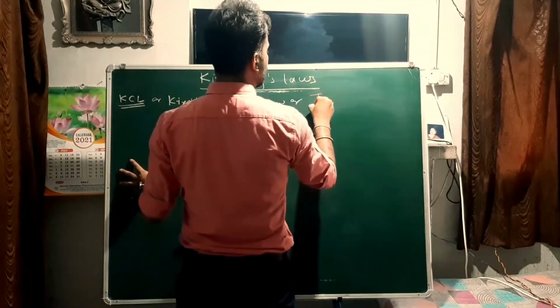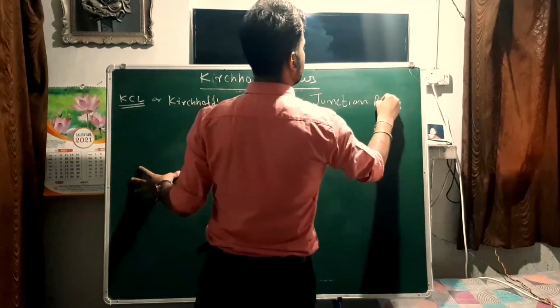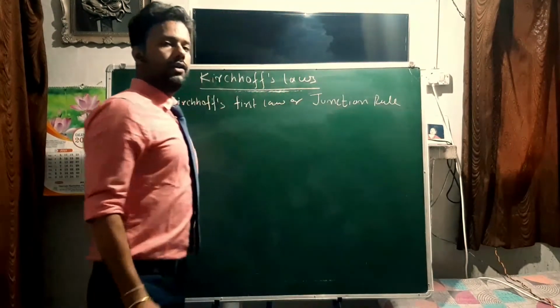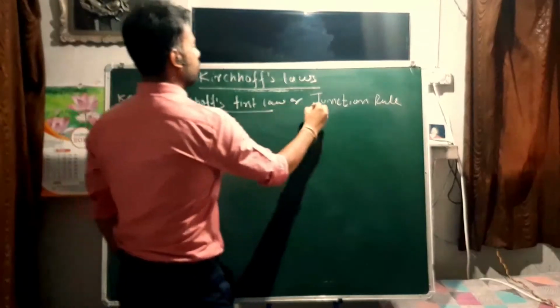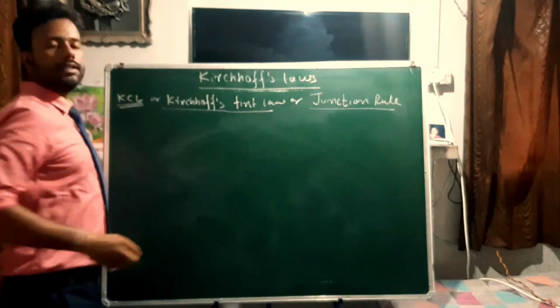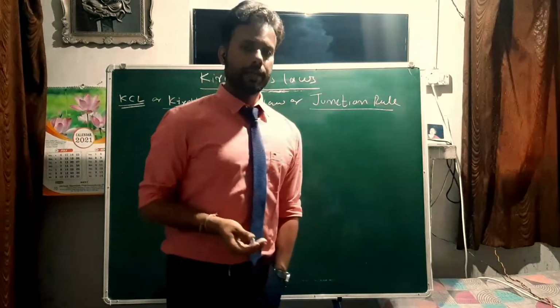It is also known as junction rule, right? So please remember all three names: Kirchhoff first law, junction rule, and the KCL, which is Kirchhoff current law. Now, what is the statement of this law?